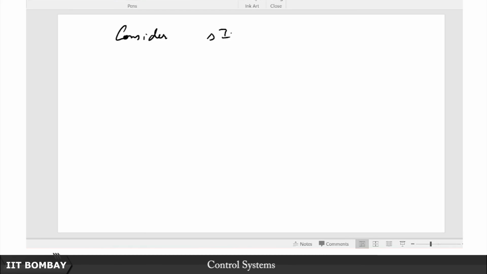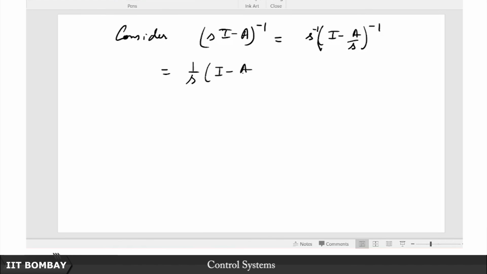this (sI minus A) inverse, and let us say that I take this s out of here, and I minus A by s inverse. s is just a scalar, so that is going to be nothing but 1 by s times (I minus A by s) inverse.